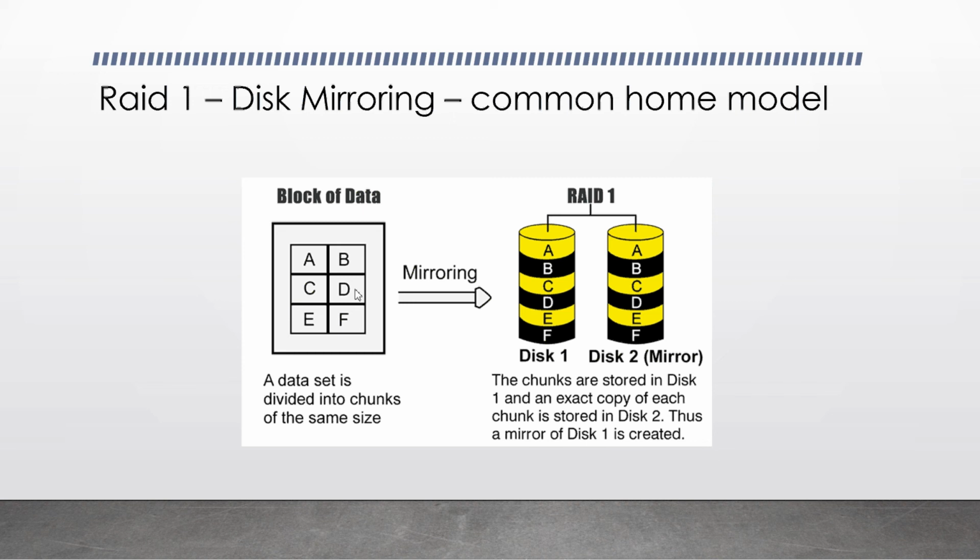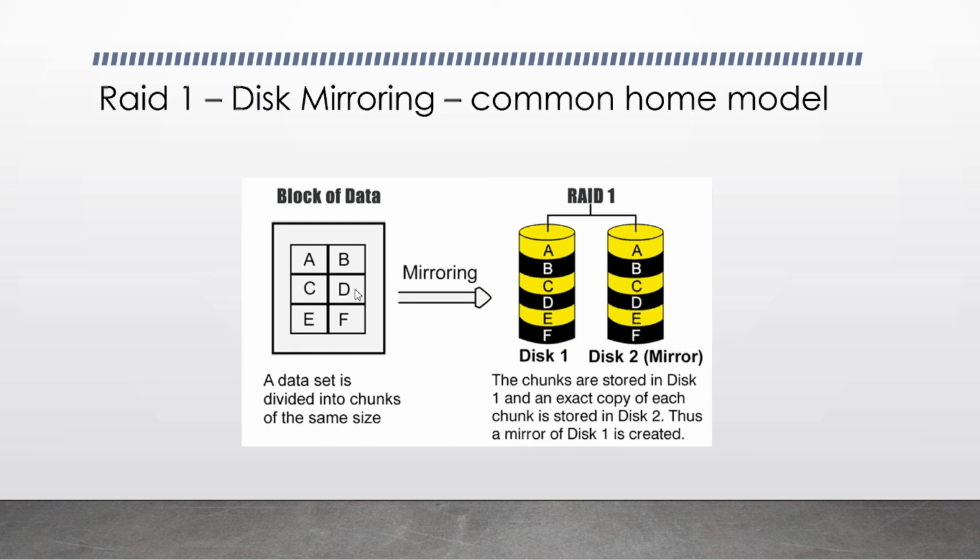As you can see, A, B, C, D, E, and F are all contained in both disks. So whatever is written to hard drive A is the same as on hard drive B. The data set is divided into chunks of the same size. The chunks are stored in disk 1, and an exact copy of each chunk is stored in disk 2. Thus, a mirror of disk 1 is created.